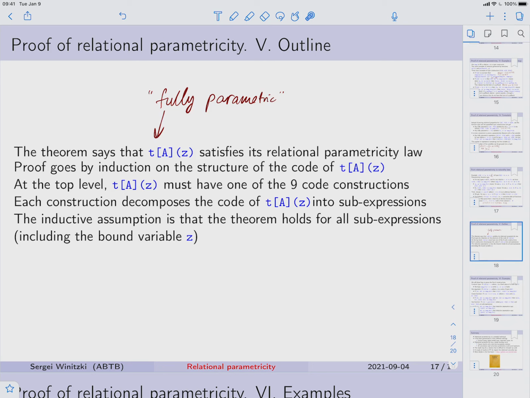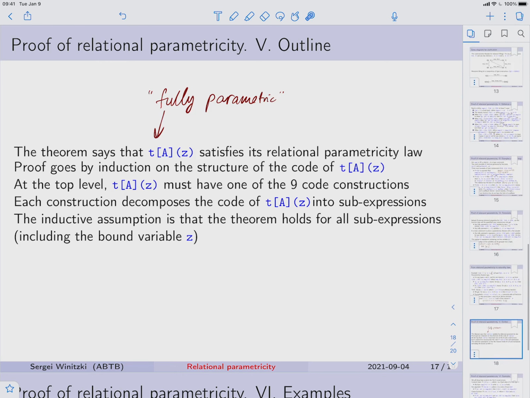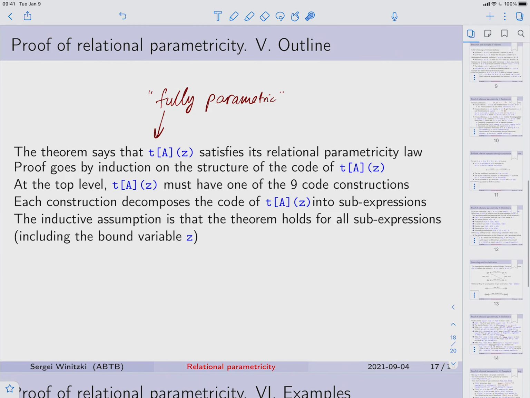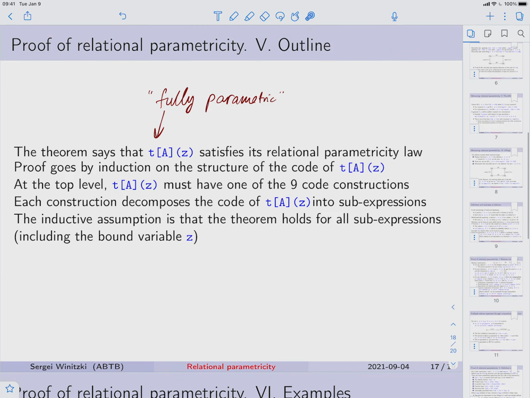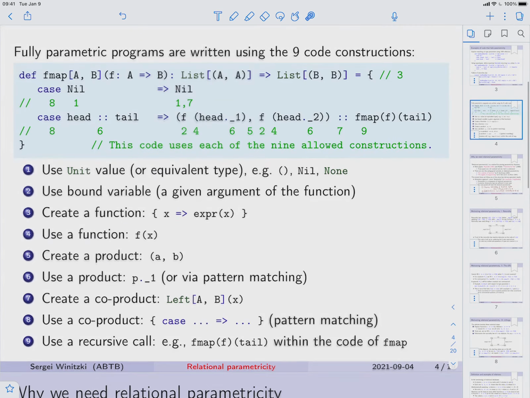It's always going to be like this, because if you look at the 9 code constructions, there's nothing else that you can have. You have expressions that have some functions, or you can have this, for example, or you can apply a function, but it will always be some expressions with some free variables.